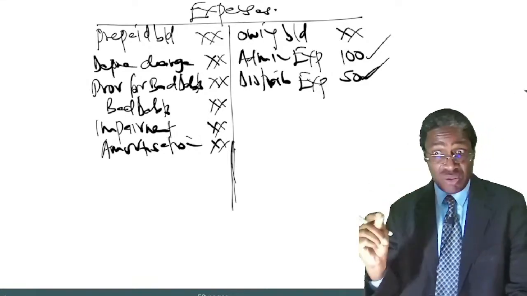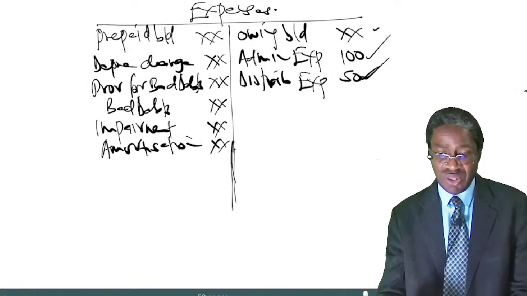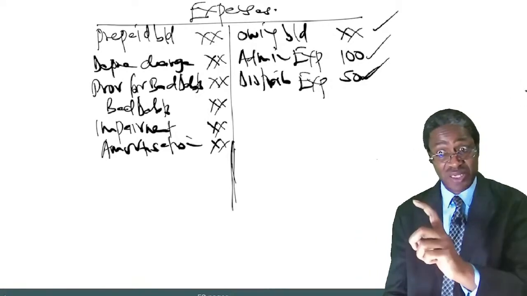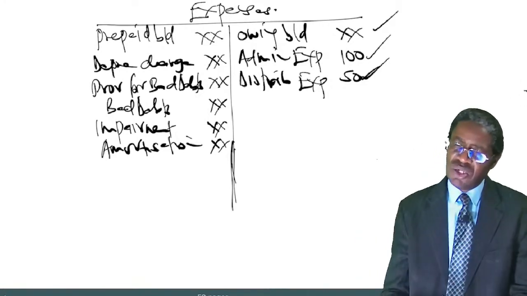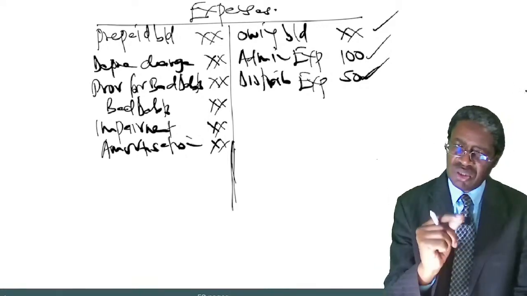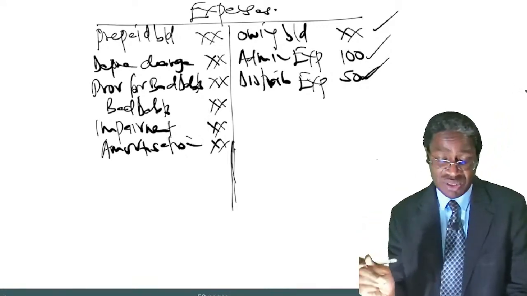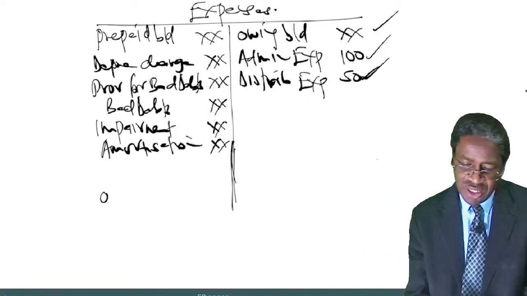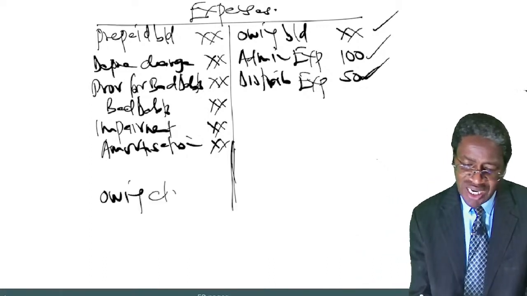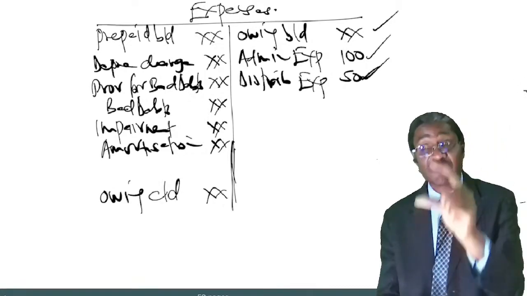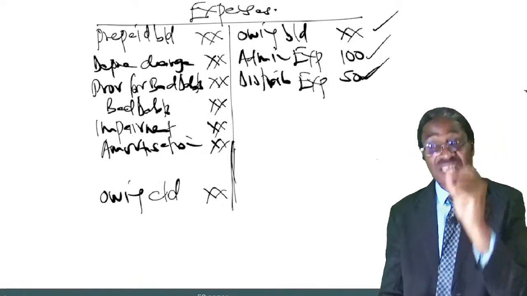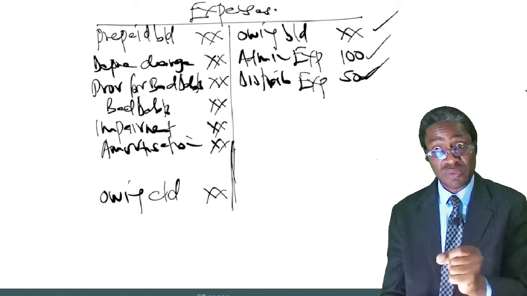As I brought down, just like I brought down this opening one, it's a credit balance. Listen, but by the end of the year, you cannot have a brought down without a carry down. So what you will do first, you will come and say you're owing carried down. Whatever is the closing balance by the end of the year in terms of an accrual.